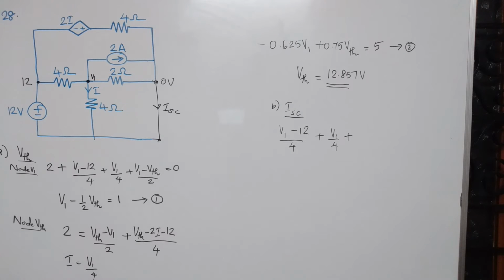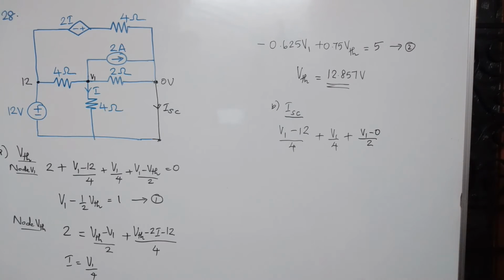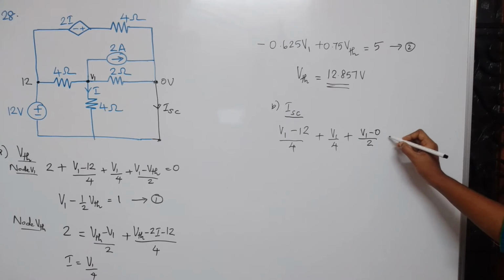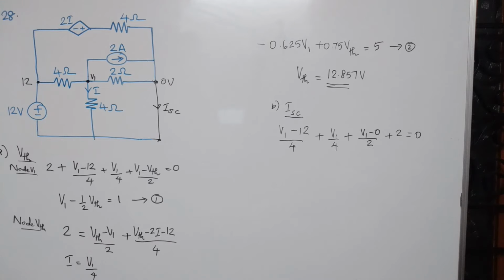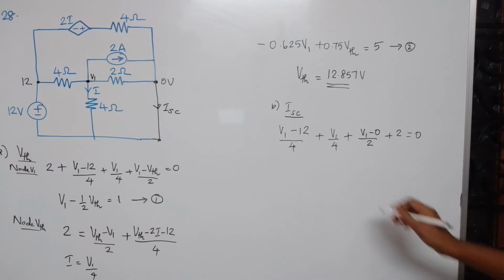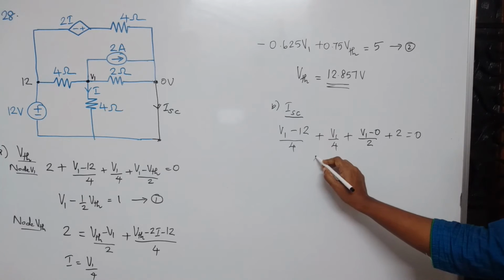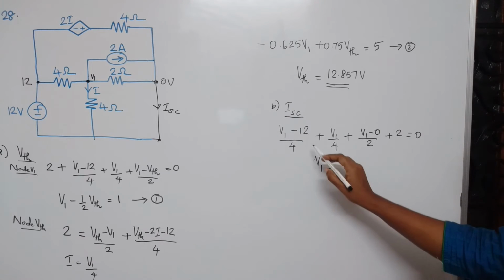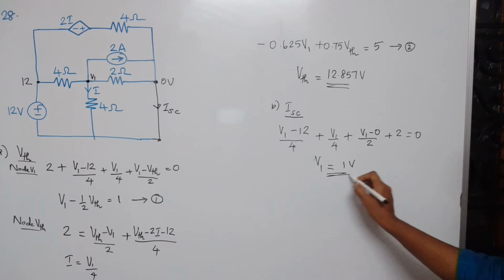So the equation will be V1 minus 0 by 2 plus 2 equal to 0. So on solving that, we will get V1 by 4, V1 is equal to minus 2 plus 3, that is 1 volt.